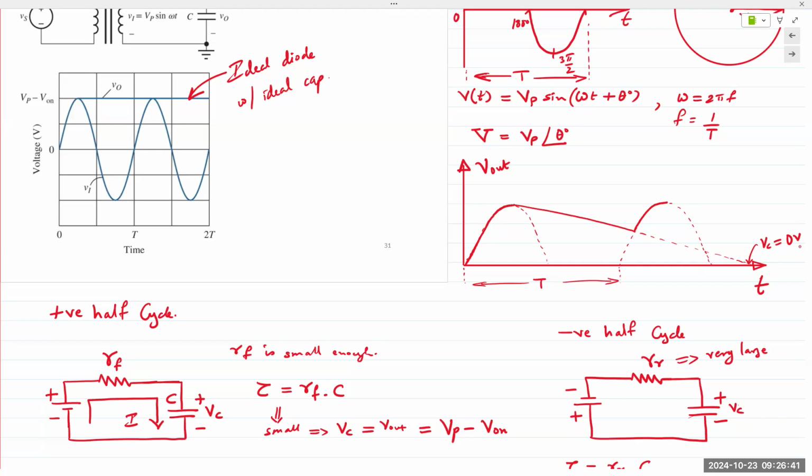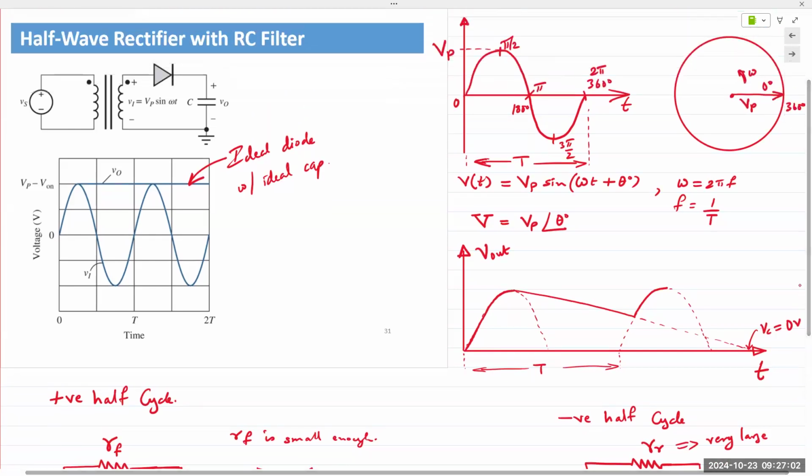And that is easily possible because in reverse bias, the diode resistance is much, much larger than it is in forward bias. But in a practical circuit, it is not going to discharge through the diode. It is going to discharge through the load resistance. There will be a load resistance to the right of that capacitor, or the load circuit, whatever it is.